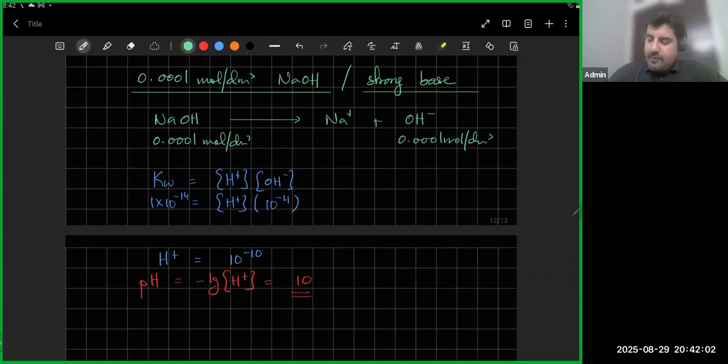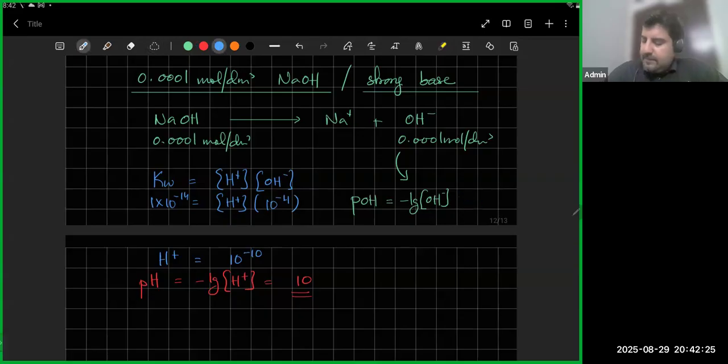The other way I could have done it was to start with the log. Here I went to the log at the end; I could have started with the log and calculated pOH first. That's the negative log of this thing, and that would have given me this value.